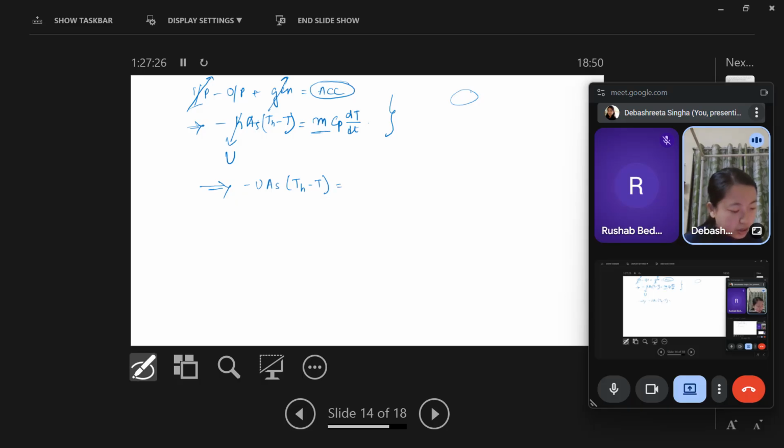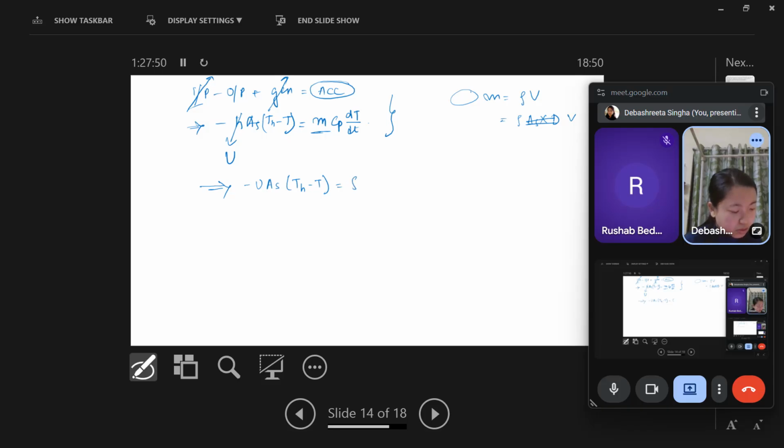Now instead of M, we can write mass, M here is mass, is rho into V, rho into V is AS into the diameter, or you can simply keep it as V also.